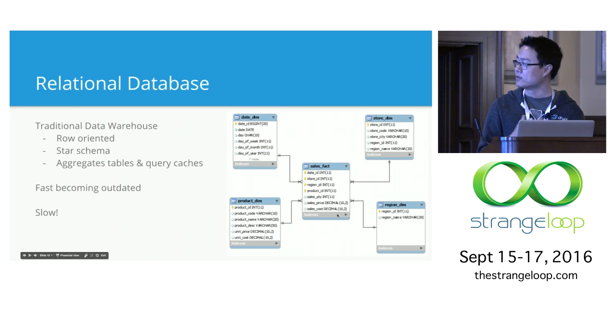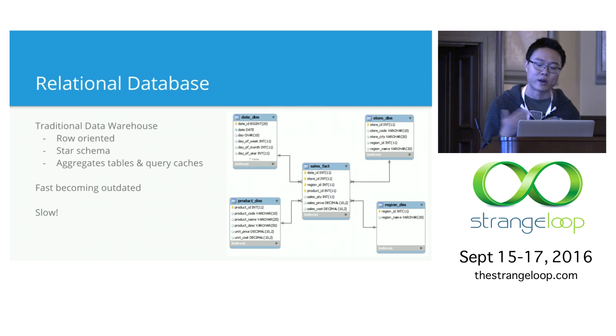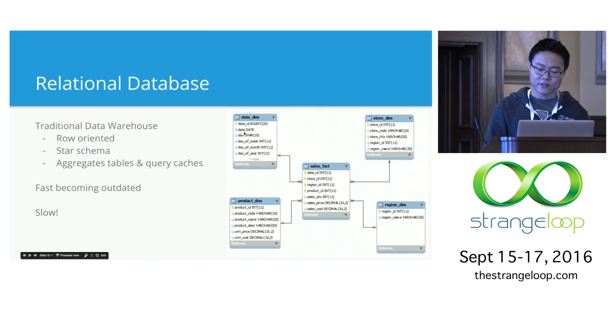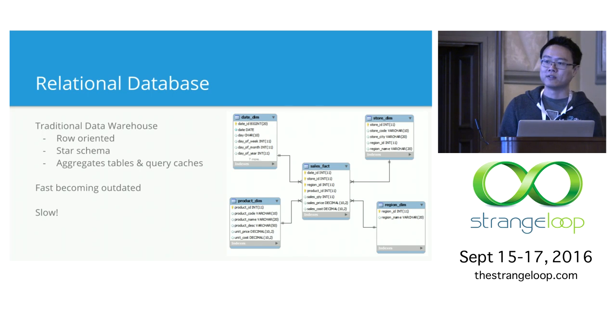It also includes a lot of the measures and metrics, those numbers that you eventually want to add up. Then you have dimension tables to the side. So you might have a store ID in your primary fact table, and you have a store dimension table, which has additional attributes about your store. Or you have a region, and there are additional attributes about your region. A lot of your queries involve joins between your dimension tables and your central fact table. And this is, I think, really becoming outdated nowadays.